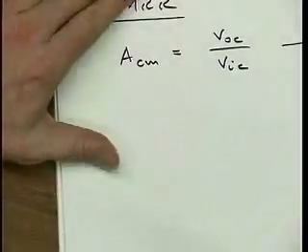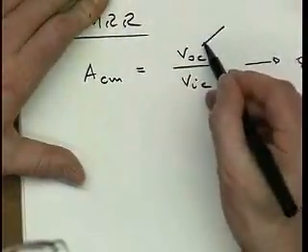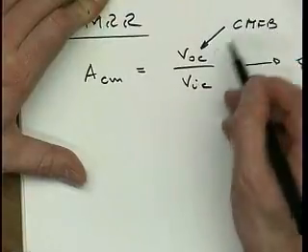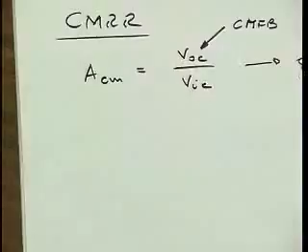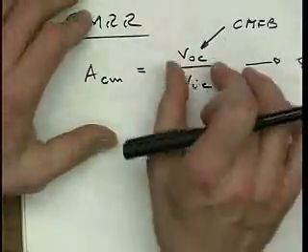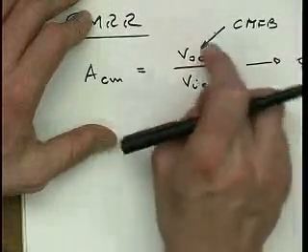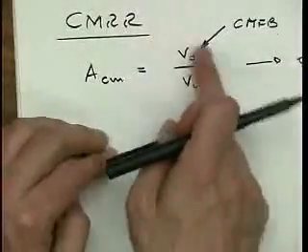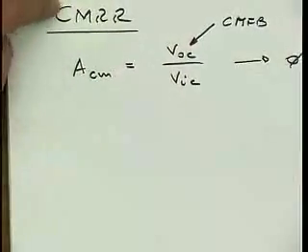Usually this is small. Why? Well, because this common mode feedback circuit that we've sort of not talked about, this circuit actually sets this value to a constant voltage and consequently effectively breaks the feed forward from VIC to VOC.